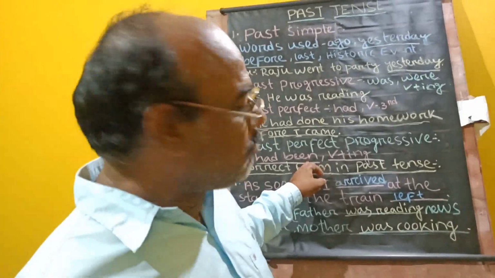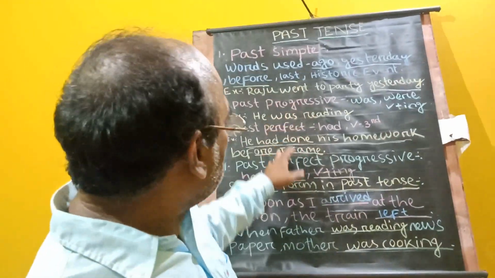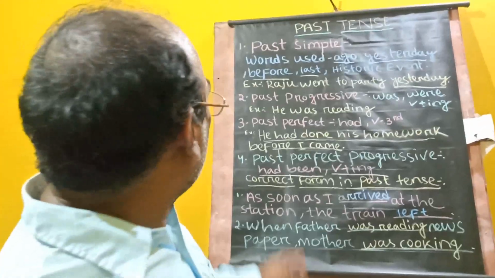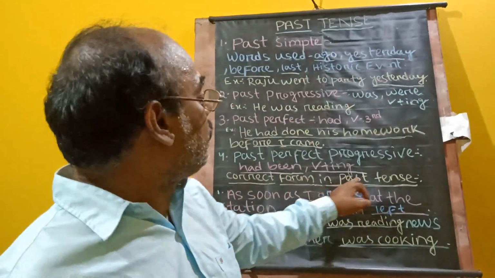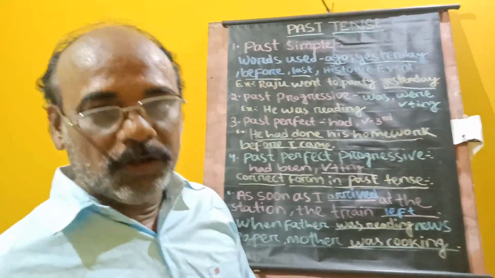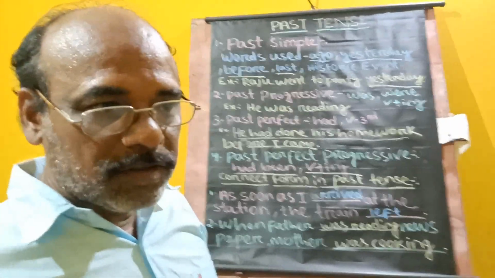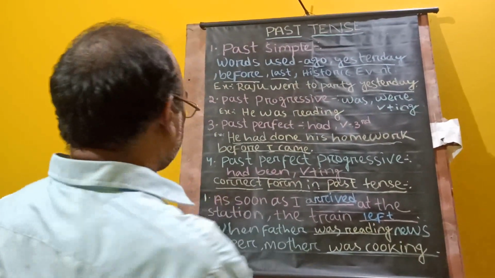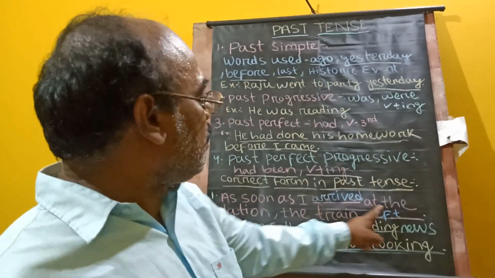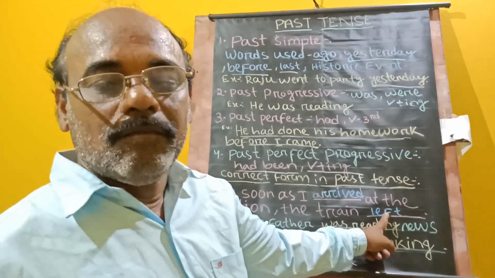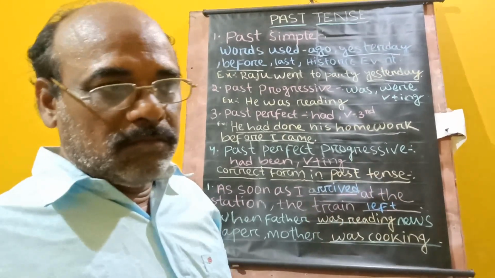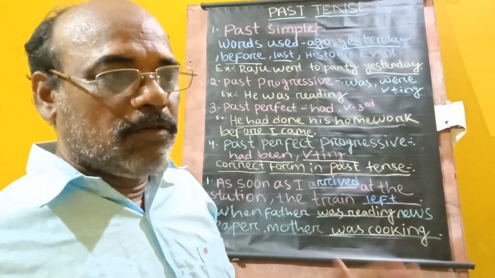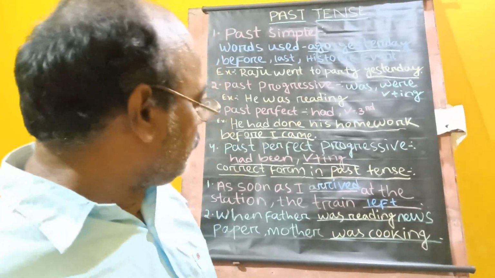That finishes the past tense forms. Then we will know the correct form in the past tense. How we will put the verbs in the correct form. The first one is past simple and past simple. Both sentences will be in the past simple form when combined.